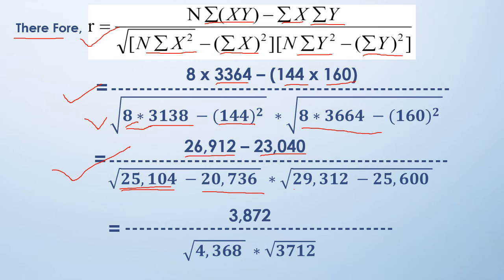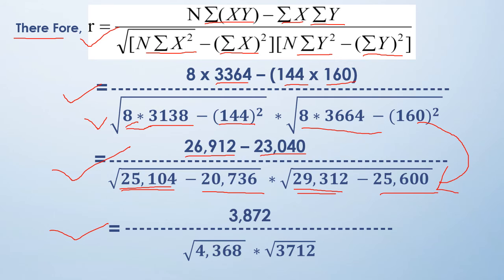Into, following the same process, 8 into 3664 means 29,312 minus 160 into 160, take this number square, and simplify in the next step.